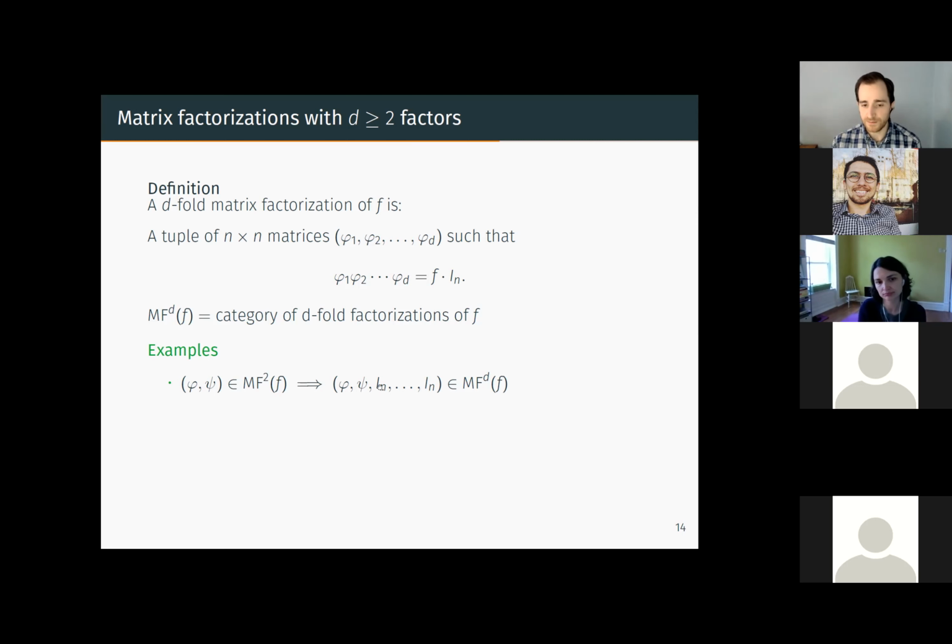Not much happens here, except for in one small case, which is when you have these really trivial ones that we talked about before. So for d equals 2, there was f, 1 and 1, f. If I look at the 3 that are going to appear, for example, for threefold factorizations, f, 1, 1; 1, f, 1; and 1, 1, f. So again, these are 1-by-1 factorizations of f, but now with 3 factors. These are going to turn out to be important, but otherwise, this adding on just identities is not very interesting.